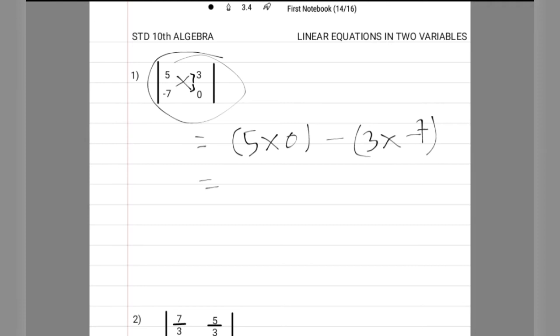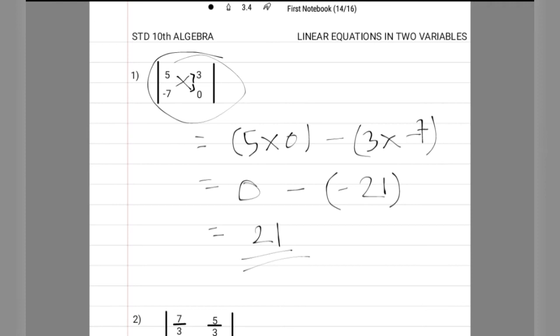So we get 5 into 0 is 0, minus 3 into 7, and that minus sign, we get minus 21. Now this minus gets plus and we get the value of the determinant as plus 21. So this is the value of the determinant and this is how we solve a determinant.